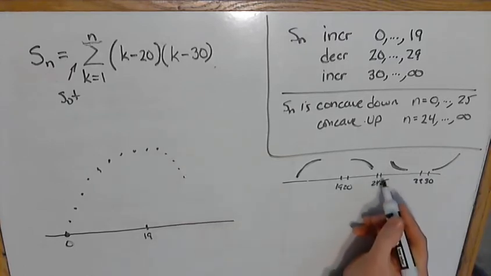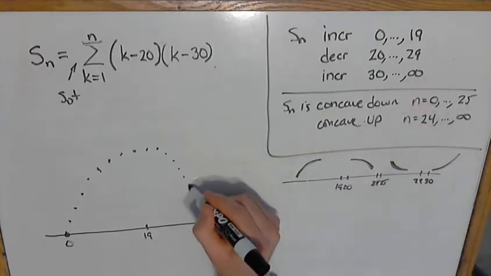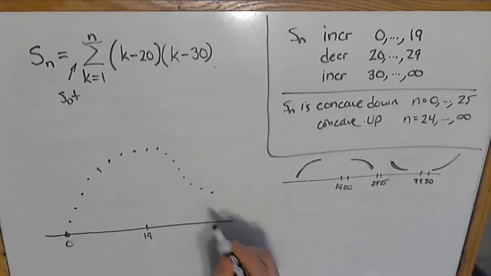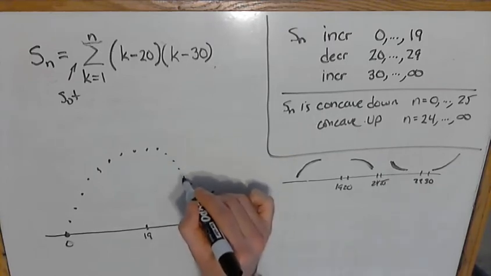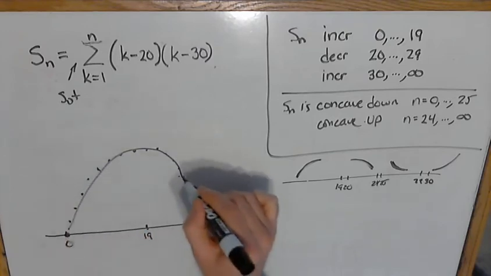And then at 24, compared to 25, it starts to switch. And my concavity starts to switch. So that I'm now concave down, I've switched to concave up.